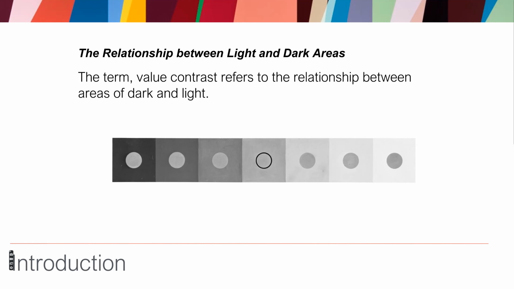As we work our way closer to the middle, where the value scale is 50% neutral, the circle pops less and less, becoming harder to see. It should be noted that there is no right or wrong answer here. The sharp contrast in the outer examples is not necessarily any more effective for your design than the lack of contrast in the middle square. What is important is that you make a decision about whether there should be sharp contrast between light and dark or not.